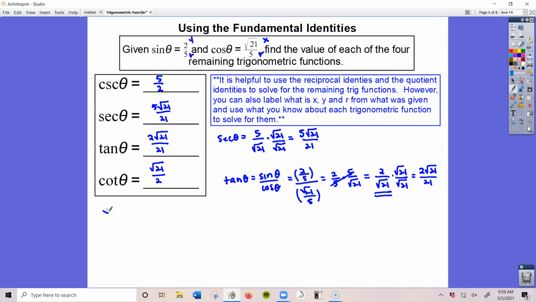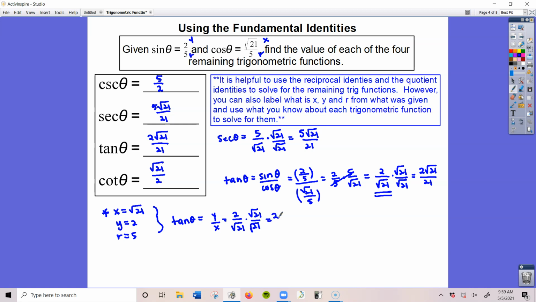So what we know is that x is equal to the square root of 21, y is equal to 2, and r is equal to 5. So if you were going to find tangent, tangent is the y over the x. So the y is 2, and the x is the square root of 21, which then you would rationalize.